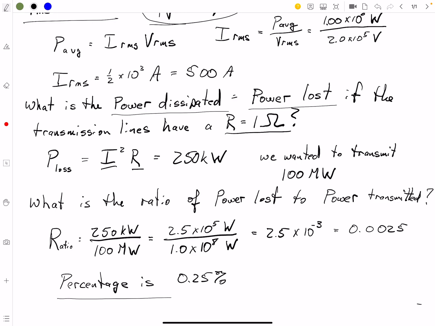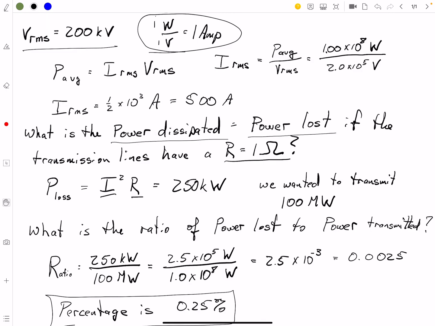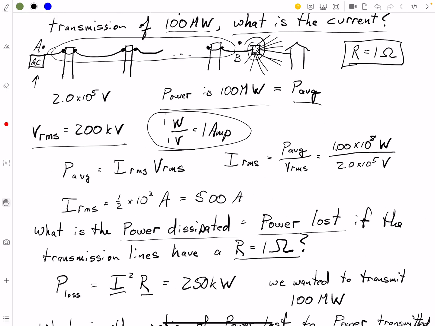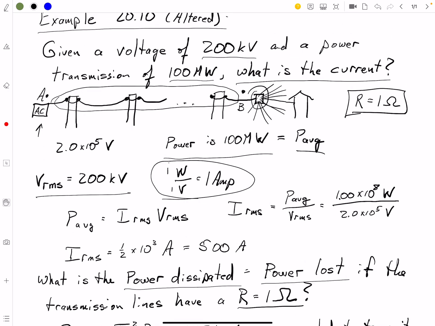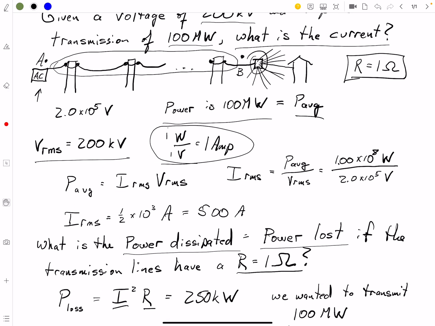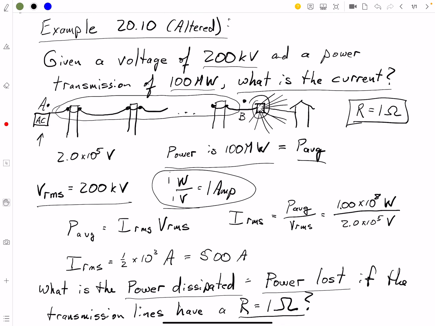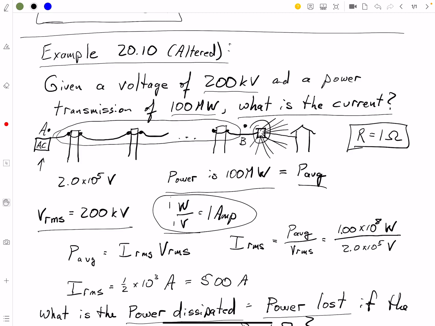Now this is what I want you to compare. We're going to do the exact same thing. We're going to ask the same questions. We don't need to ask what the current is. Oh, no, yes, we do. We need to ask what the current is.